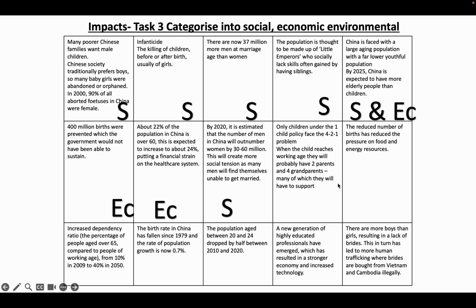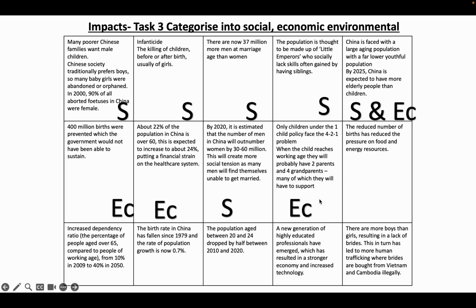Another impact, should I say, is the 4-2-1 problem. So when they reach that working age, it's likely they will have 2 parents and 4 grandparents. So again, increasing the dependency ratio here. This is an economic impact.